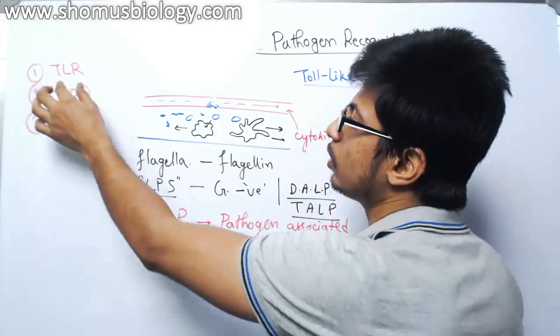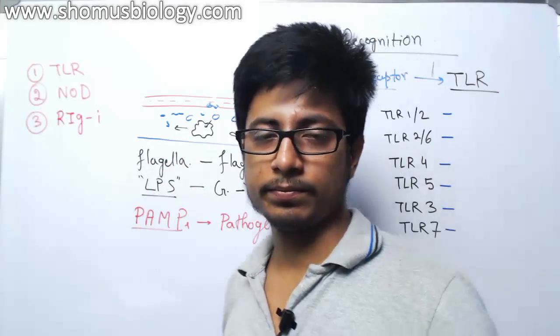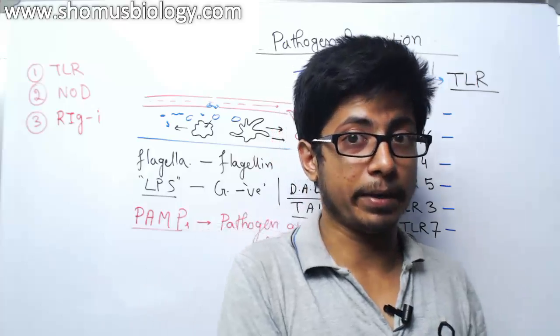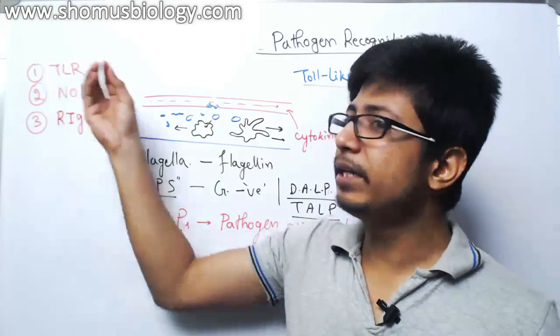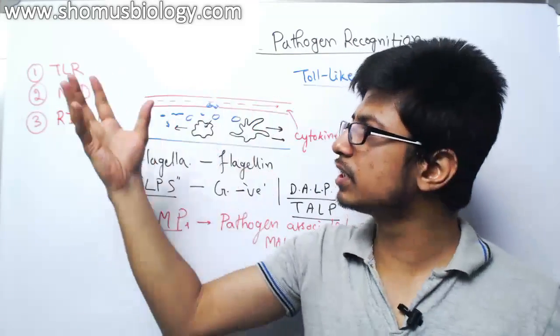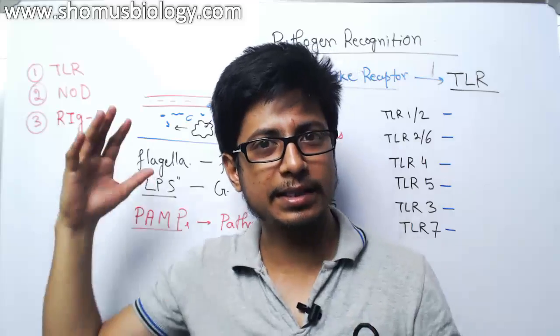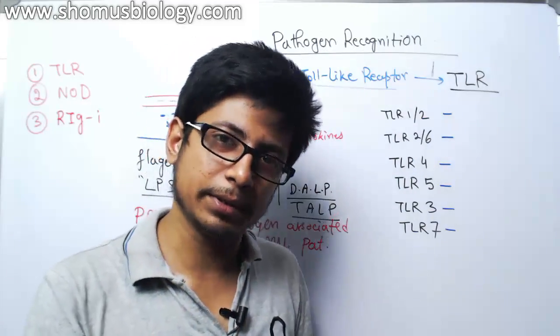Now most of these toll-like receptors are membrane associated receptors. That means they are embedded in the membrane. They are always attached to the membrane, and they are leucine rich proteins, a specific receptor structure with more leucine amino acids, and they are always associated with the cell membrane.